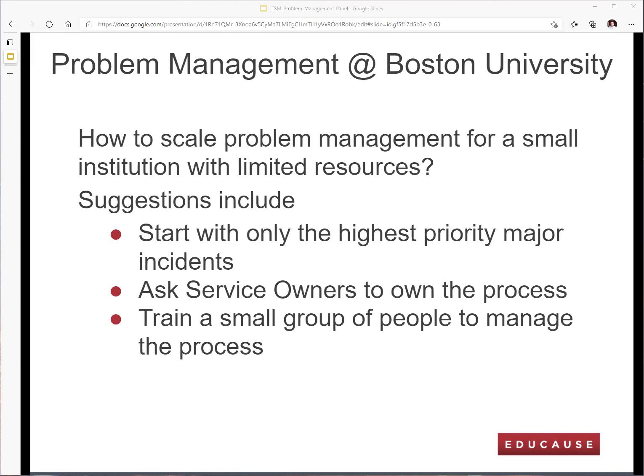So you could do that where you narrow down only dealing with the most visible incidents to start with. The other way you could do it is have service owners own the process rather than having a problem manager manage everything. Or you could train a small group of people to help manage the practice. So those are some of my suggestions for scaling.